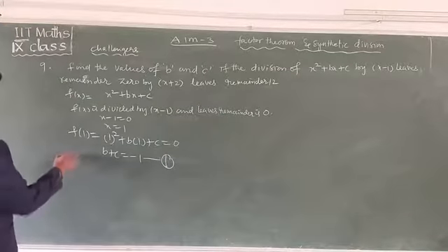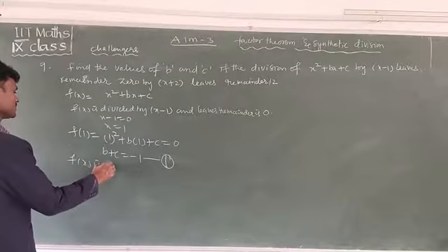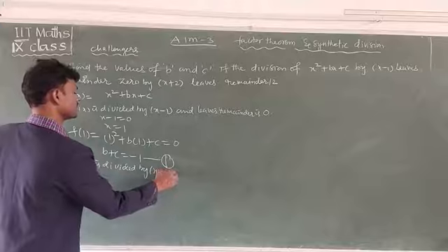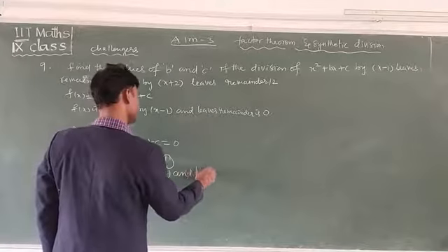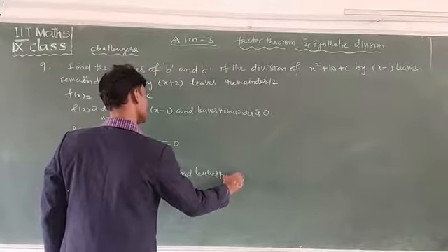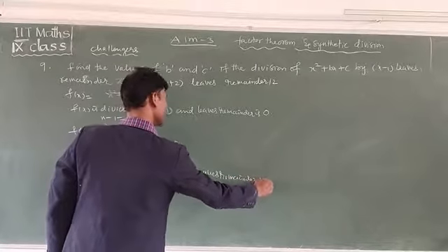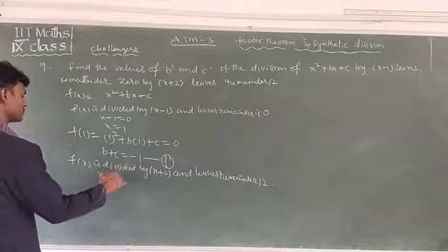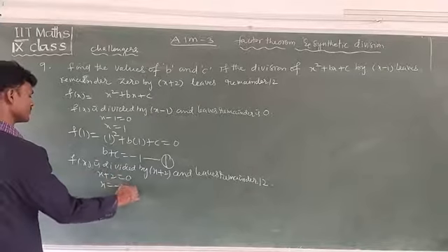Next, second condition: if it is divided by x plus 2, the remainder is 12. See here, f of x is divided by x plus 2 and leaves remainder 12. Now here x plus 2 is equal to 0, then x is equal to minus 2.